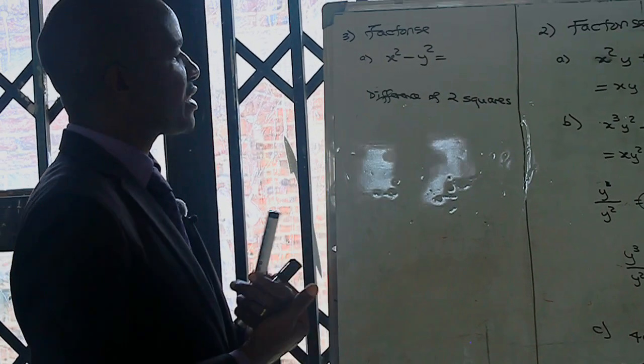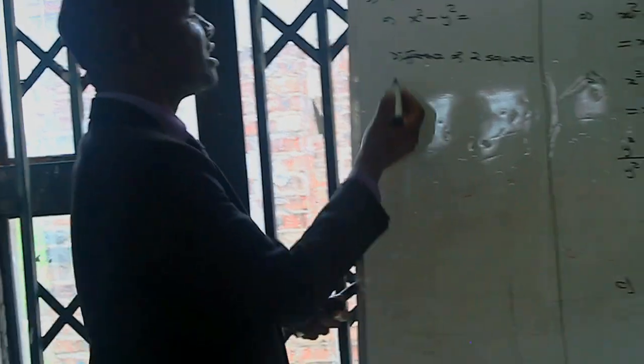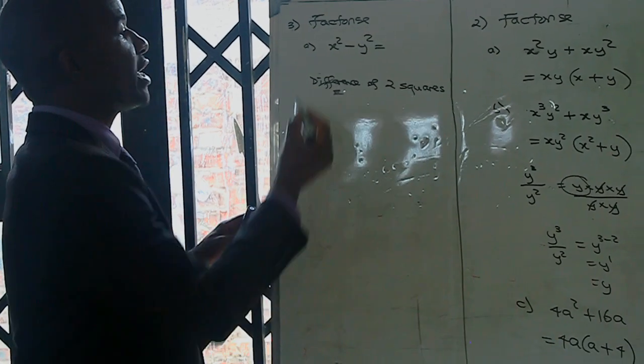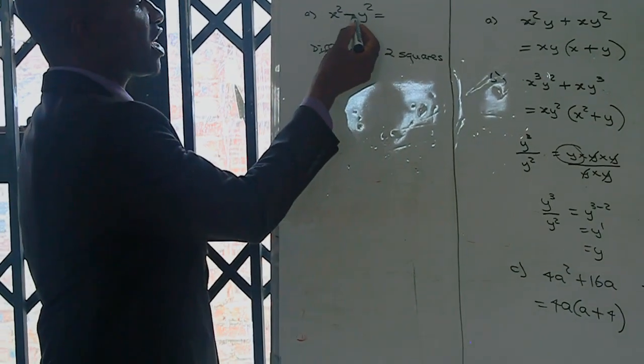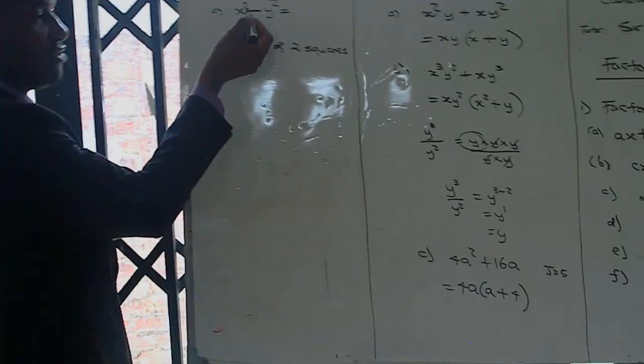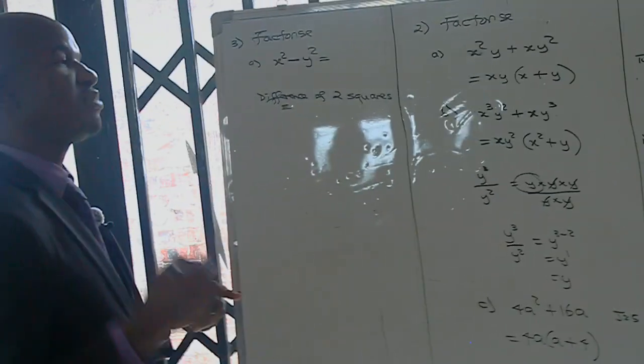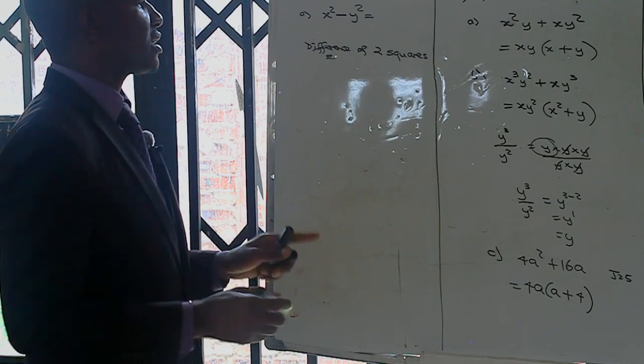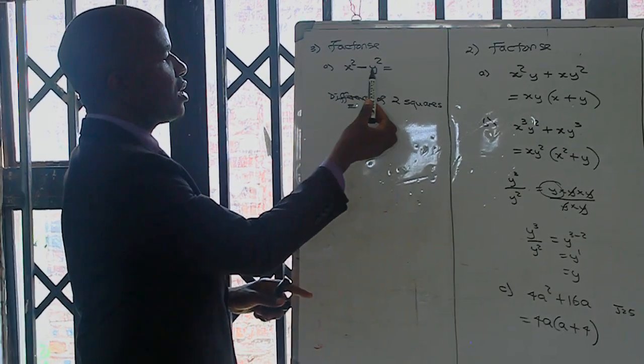Now, difference of two squares is a method for special cases like this one. But look at the word, difference. It means this method applies only when there is a subtraction. Because by difference, it means we are subtracting two numbers. We must have two numbers, 1, 2.